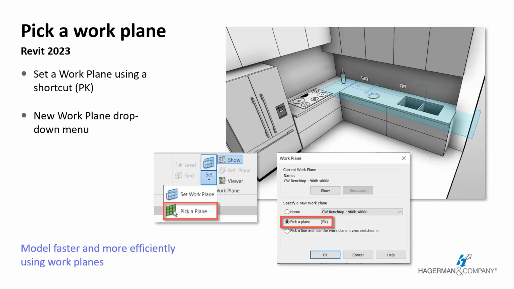Okay, so alternatively, you can select the pick a plane option in 2 clicks via the set work plane drop-down menu. You can now smoothly switch which work planes during modeling operations without opening the work plane dialog. So that's just a way to switch work planes a little faster than before.